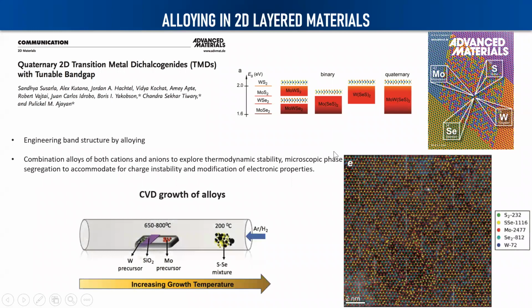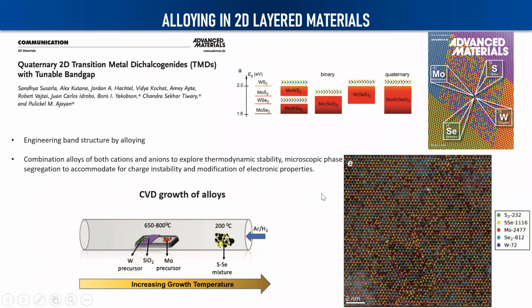And with this in mind, we tried to grow these quaternary alloys, which have molybdenum, tungsten, sulfur, selenium, everything. What we used to do was keep the precursors for the tungsten and molybdenum, and then place your silicon dioxide wafer on top of that.